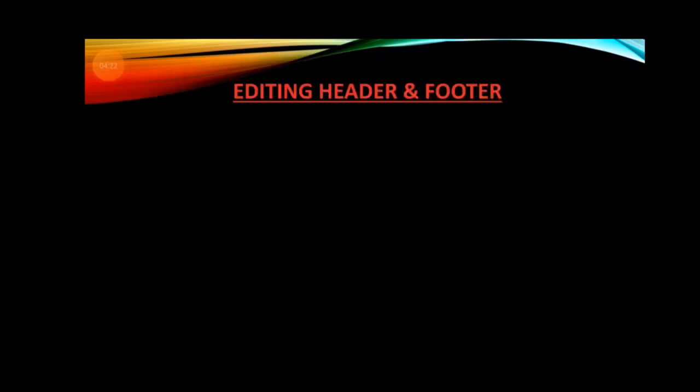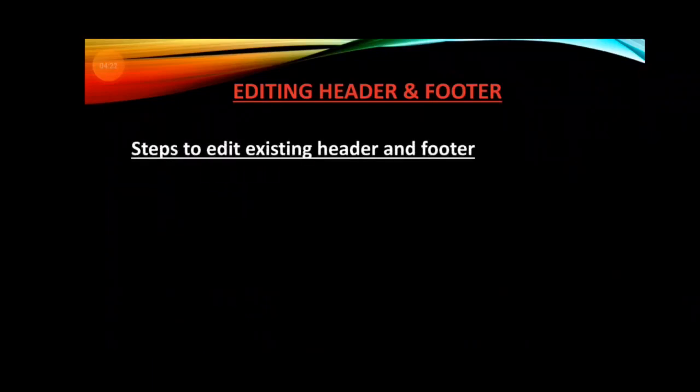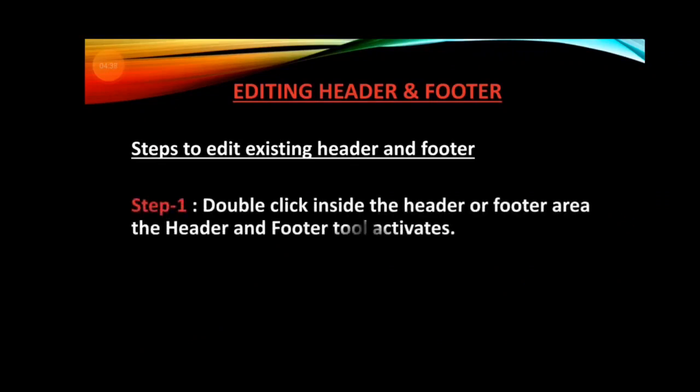Now editing header and footer. After writing in the header and footer, if you want to edit, there are some steps to edit an existing header and footer. What are the steps? Double click inside the header or footer area, and the header and footer tool activates.